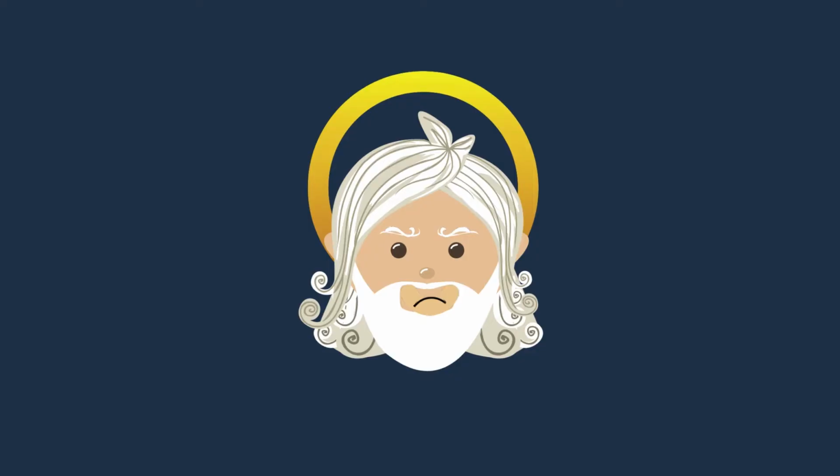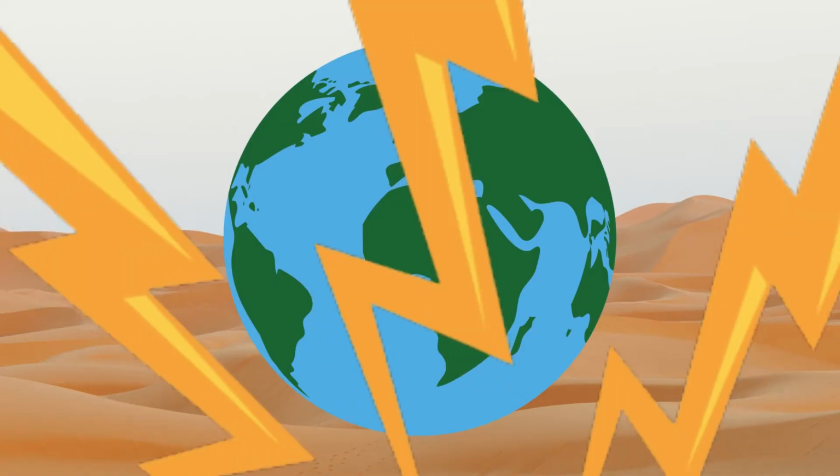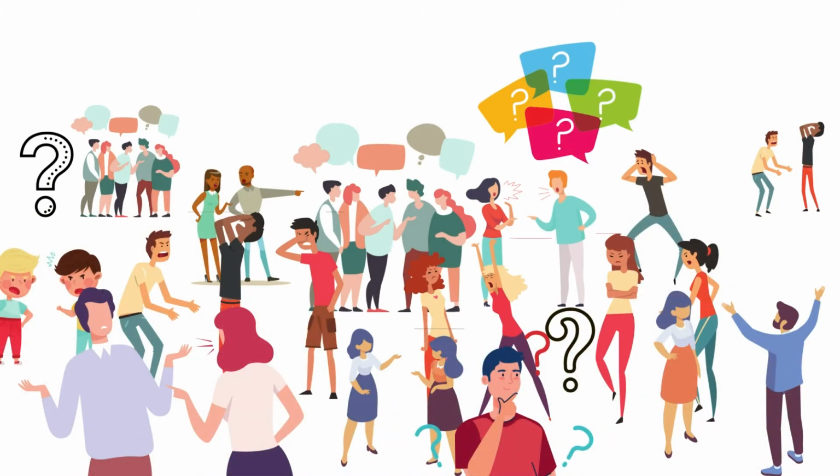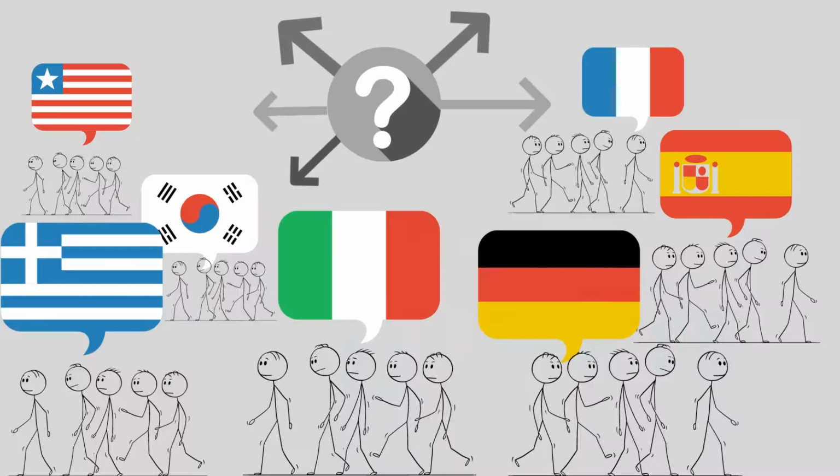This upset God because the people began to believe that they could become more powerful, and so God punished them. As punishment, God separated the people into different languages so they could no longer understand one another. Because they didn't understand each other anymore, the new groups separated into what will become their new countries and cultures.